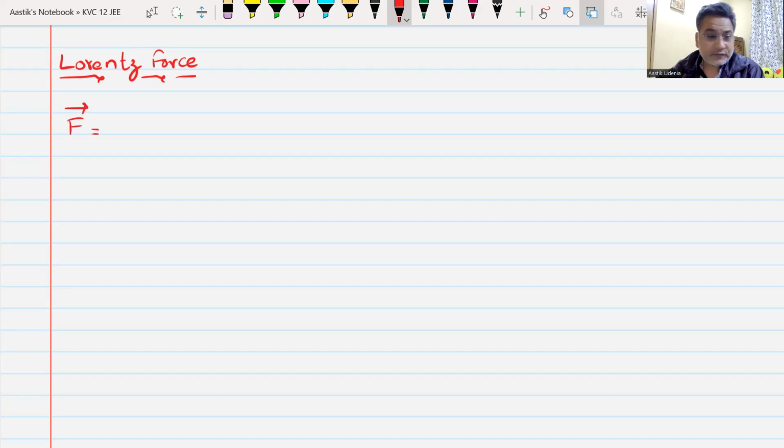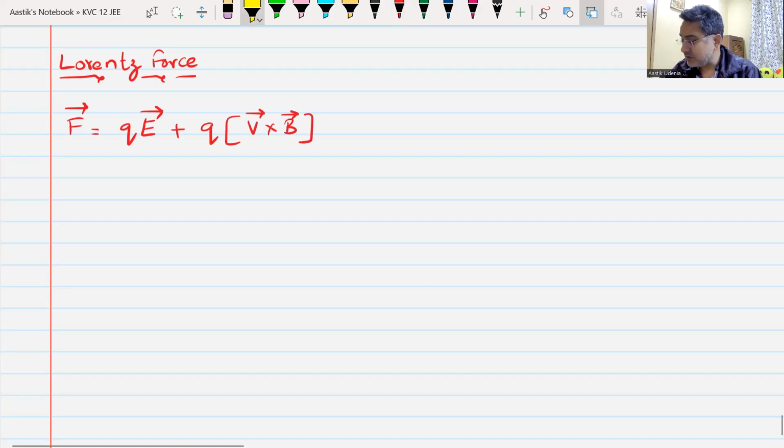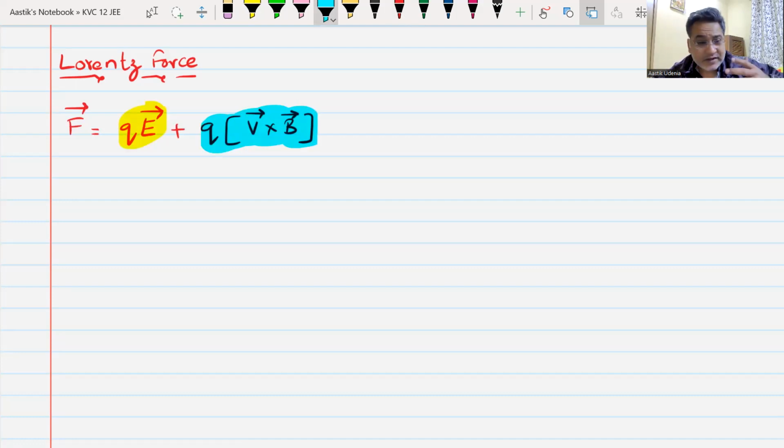The force F vector acting on a charged particle is given by QE plus Q V cross B. The first term, the yellow term, is the electrostatic force. The second term, the blue term, is the magnetic force. So you just add both of these forces vectorially and you get your answer.